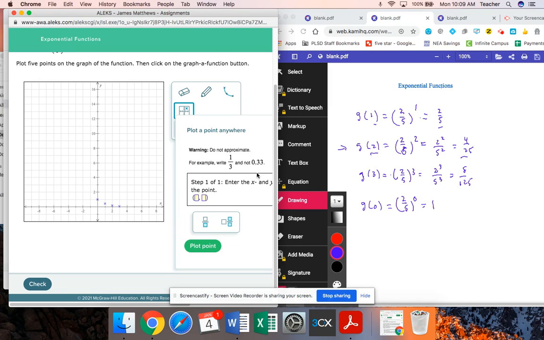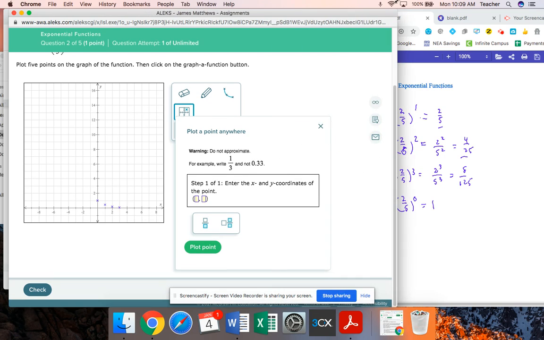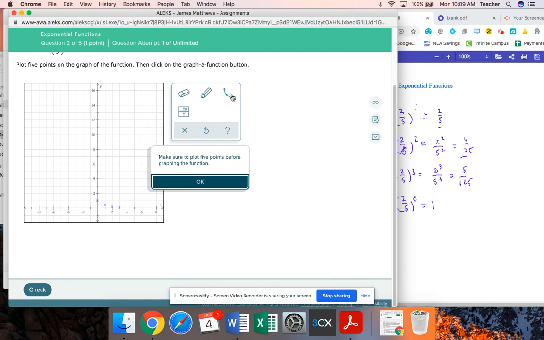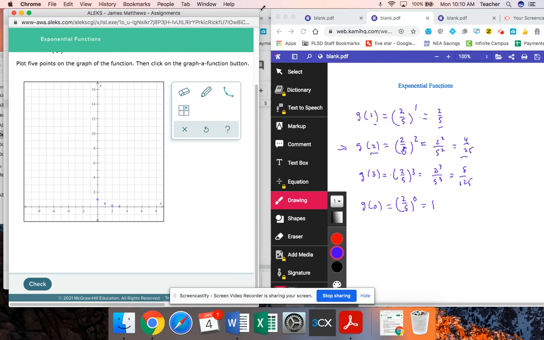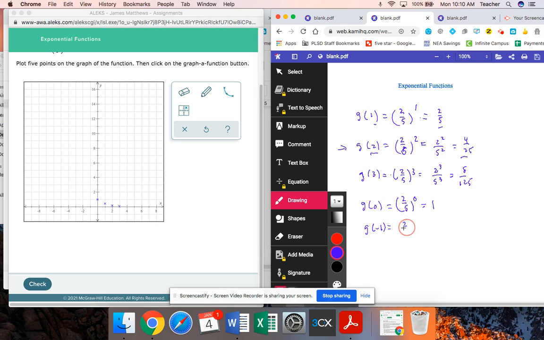So if you do that, you'll get to some point where you'll have a pattern going, and then you want to just go ahead and plot this point. Oh, you need 5 points in order to do it. So let's do g of -1. That is 2/5 to the -1. So that is 2 to the -1 all over 5 to the -1. But when I have negative exponents, that means things flip.